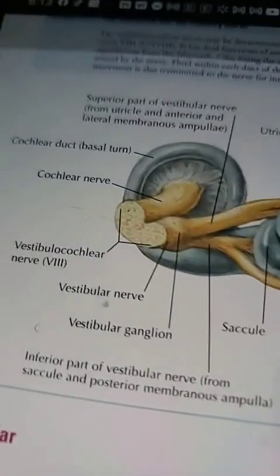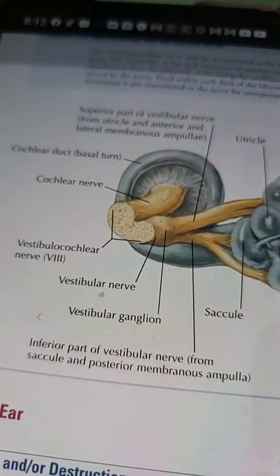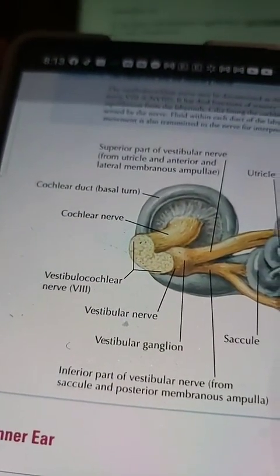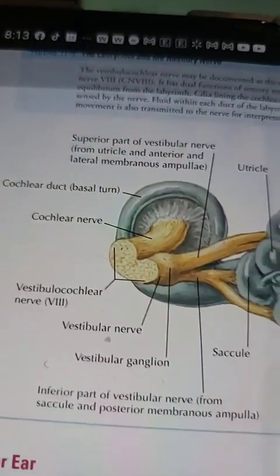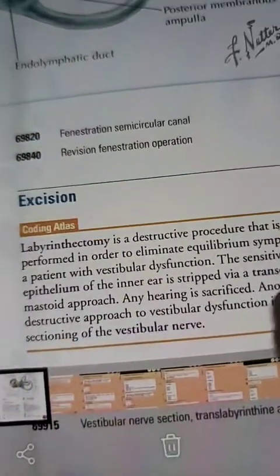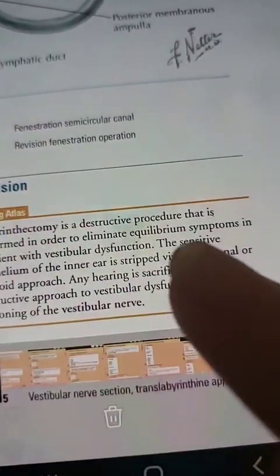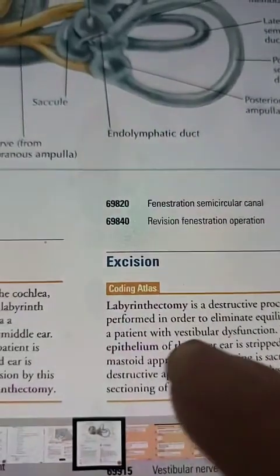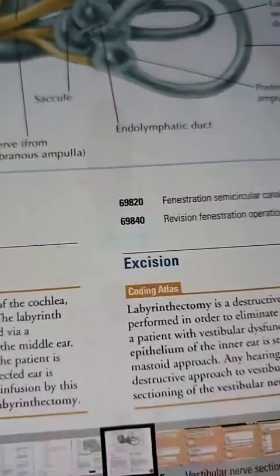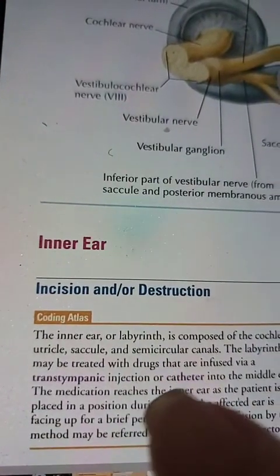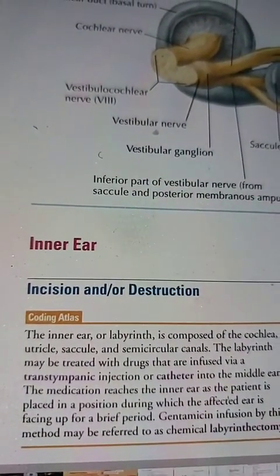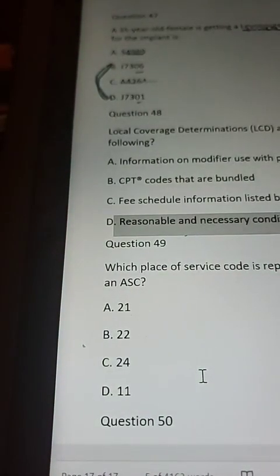I still love this Nader's book that describes what the procedure is. I'm back on the ear again. It does a really good job of describing what the body parts do and then exactly what's going on in the CPT code related to those. It'll list the CPT codes in that area and tell you what's going on in small, clear terms.